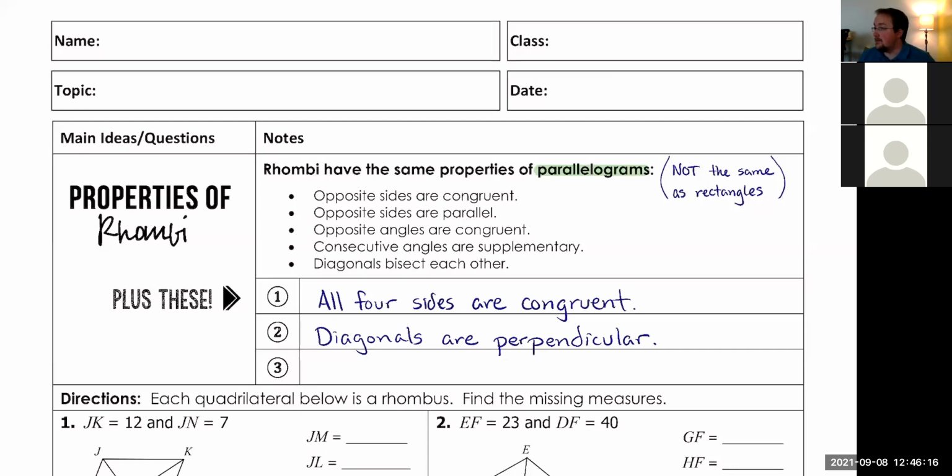And that, if you recall, means that they intersect at exactly a right angle. And the last one is that the diagonals bisect opposite angles.